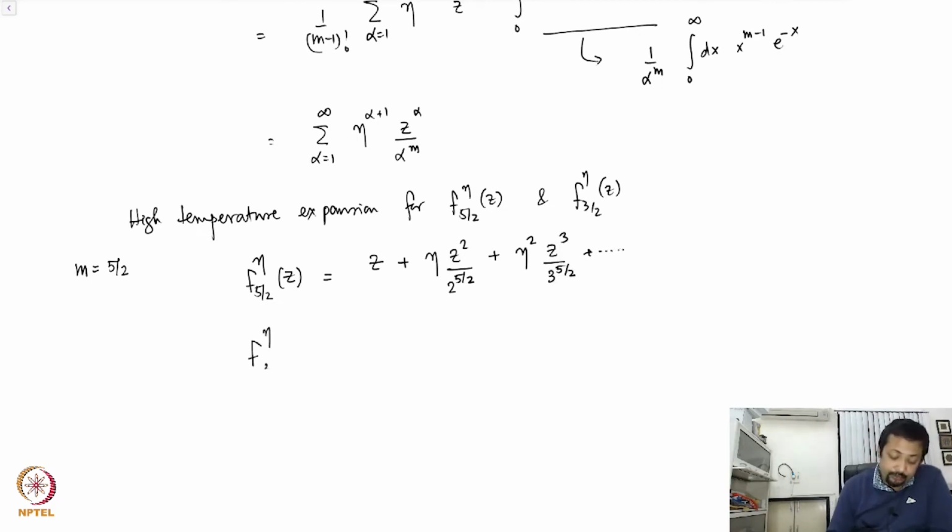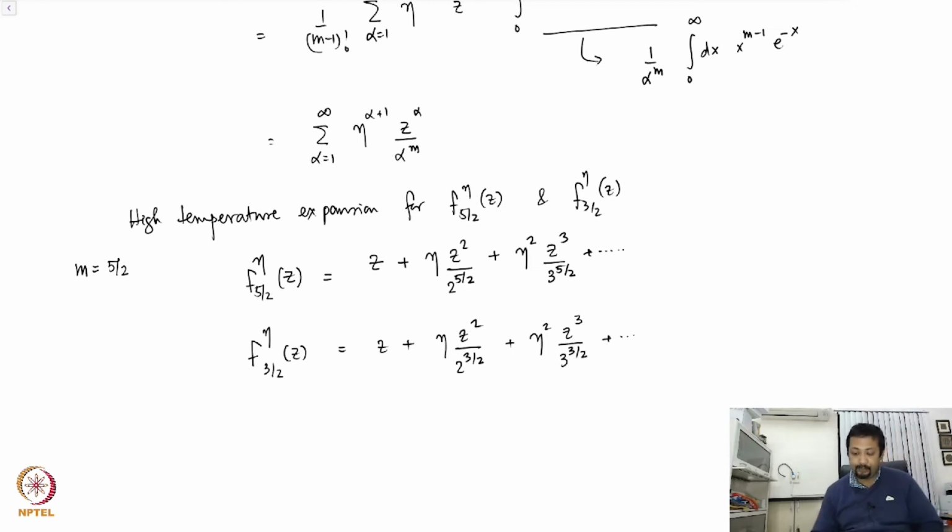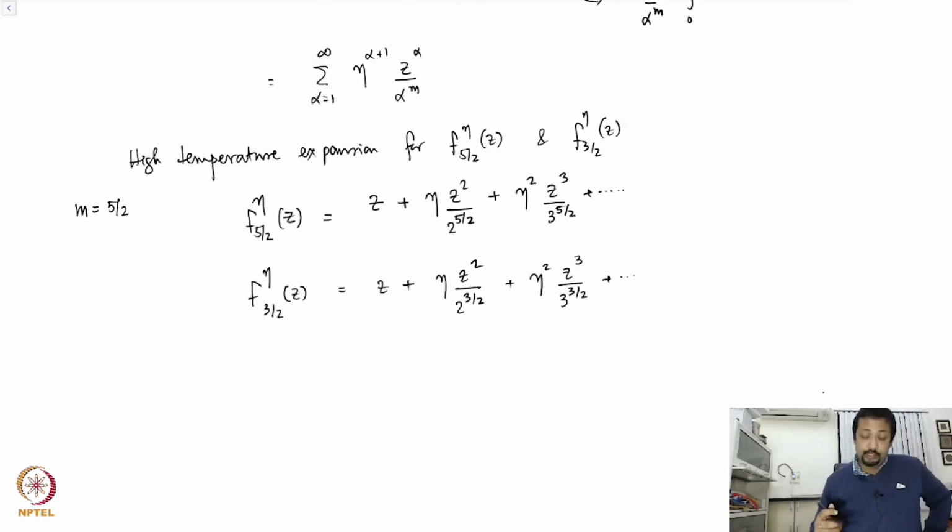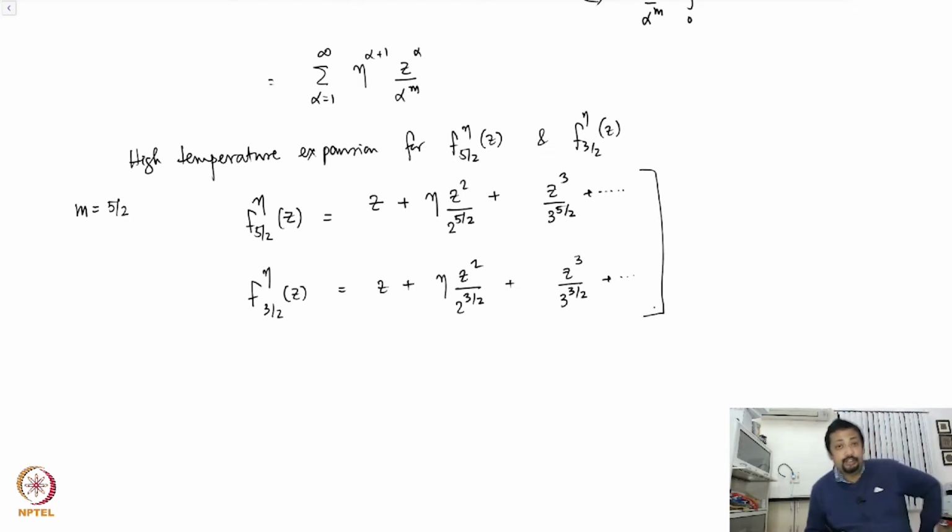And I am going to have f 3 half of z equal to z plus eta z square over 2 to the power 3 by 2 plus eta square z cube over 3 to the power 3 by 2, and so on and so forth. Since eta square is equal to 1, I can as well remove the eta square from here. We are going to use these two high temperature expansions of this function f.